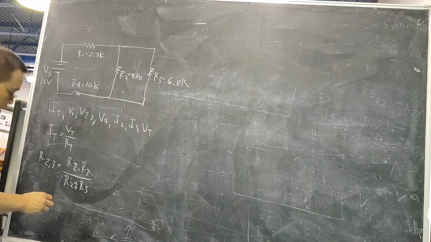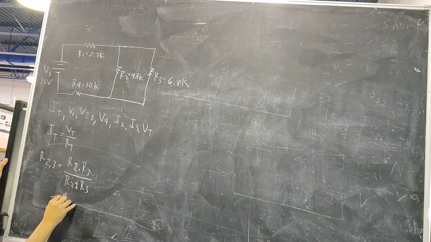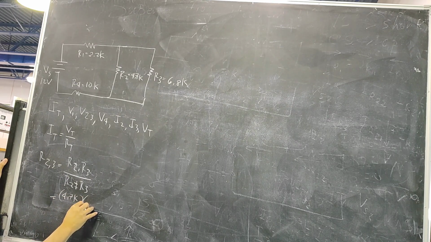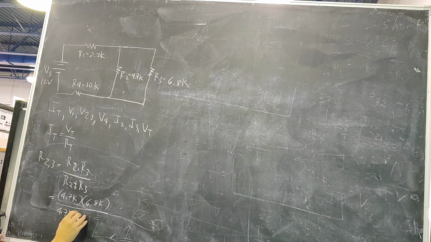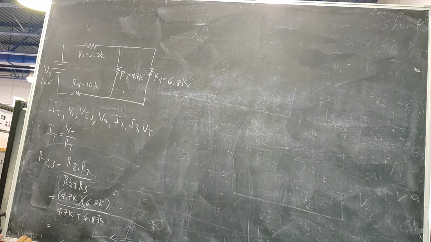So here, some of the numbers: 4.7 kilo multiplied by 6.8 kilo over 4.7 kilo plus 6.8 kilo. So what's the answer here?